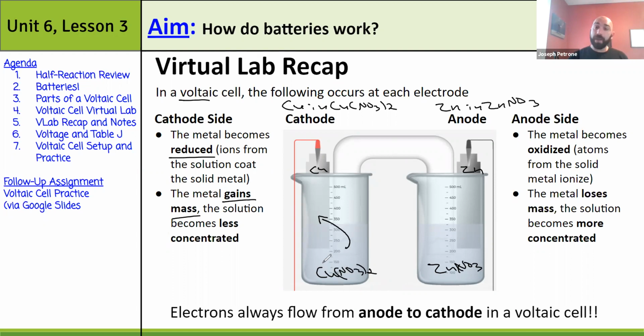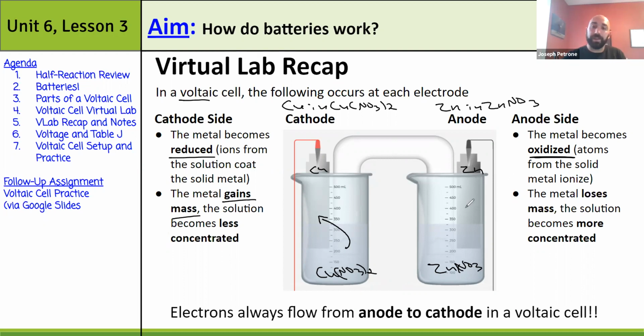Now, on the opposite side of this, we have the anode. The anode was represented by this black wire here, and essentially the opposite things occur. Instead of reduction, oxidation occurs. So the zinc metal becomes oxidized in this process. The atoms from the solid metal start to ionize.